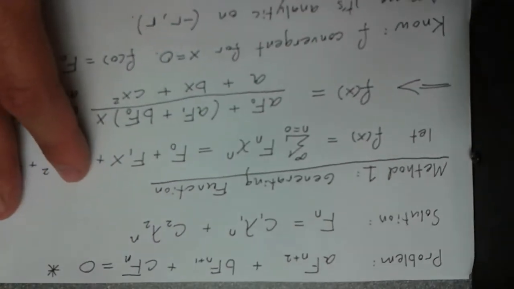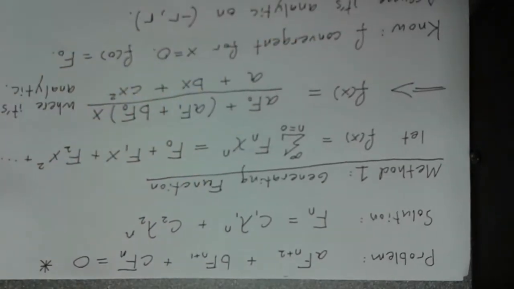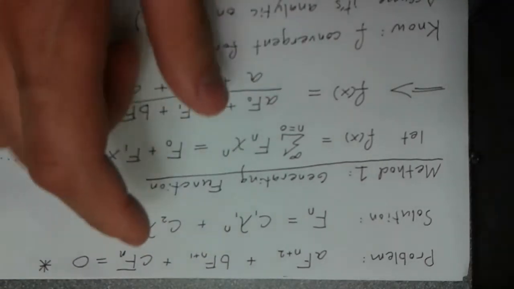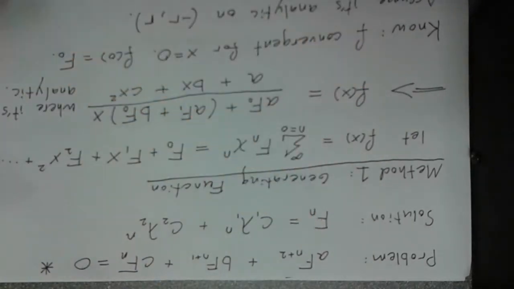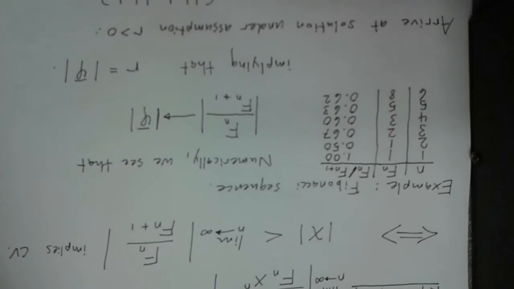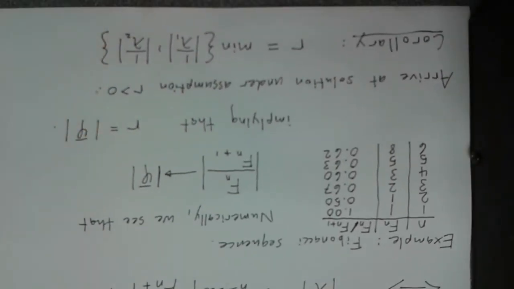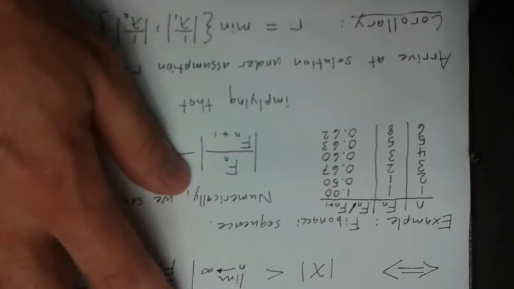And of course that doesn't make sense, because looking at this series, if you know any two consecutive terms, you know f3 and f4, you should be able to plug in n equal to 3, rearrange this thing, and figure out what f5 is. So you get to your solution, and there's a cool corollary if you go through this process, which is that the radius of convergence is the minimum of the reciprocals of the two lambda values that were in your solution.